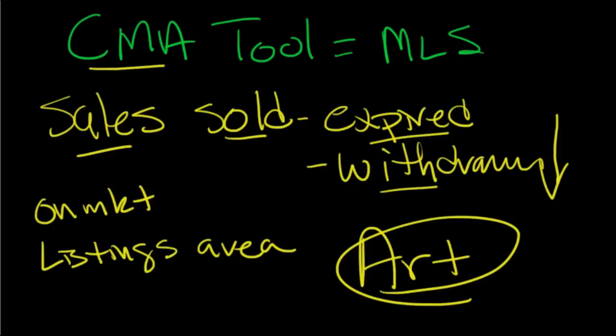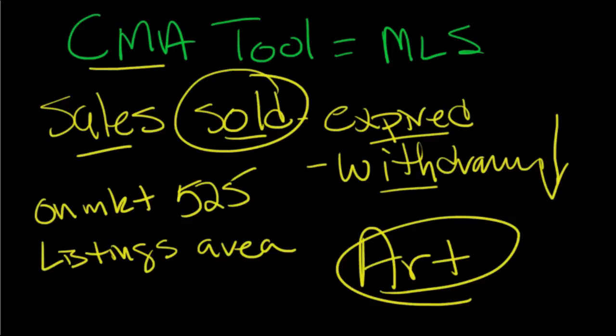I prefer that my agents at my company, and I prefer that you learn it this way too, that you're focusing on solds, because that's all that matters. It doesn't matter if somebody else has their house on for $525 if they can't sell it for $525. So that's really important.